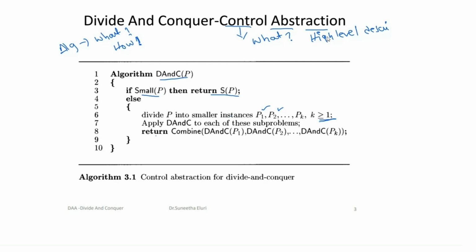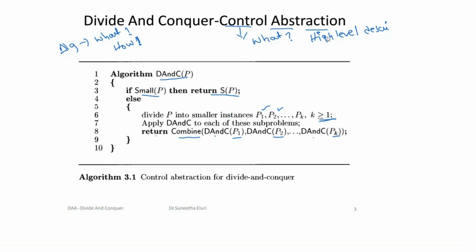Each subproblem again checks whether it is small or not. If it is small, find the solution. If not, the subproblem is further divided into subproblems. So I am applying divide and conquer to problem P1, P2 and so on up to Pk, each call returns the solution of its subproblem, and then I combine the solutions.